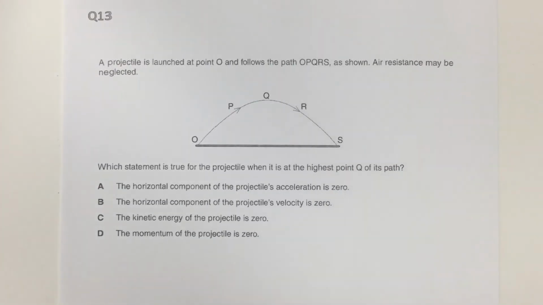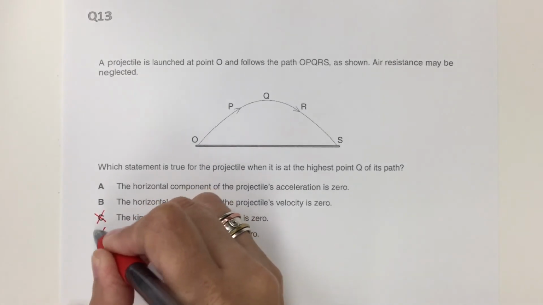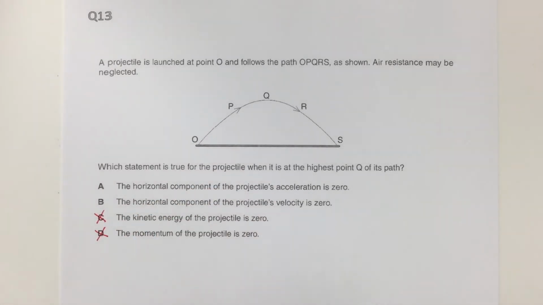I'm going to first eliminate C and D because at this point I have not explained to you about kinetic energy and momentum, so those two answers are not going to be applied for this question anyway. So we are between just A and B.